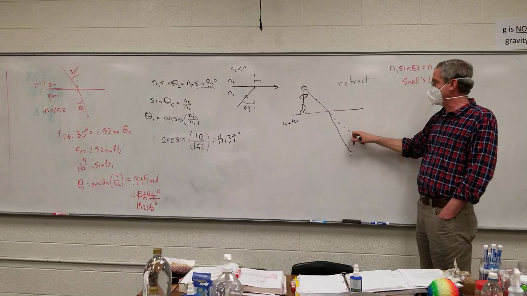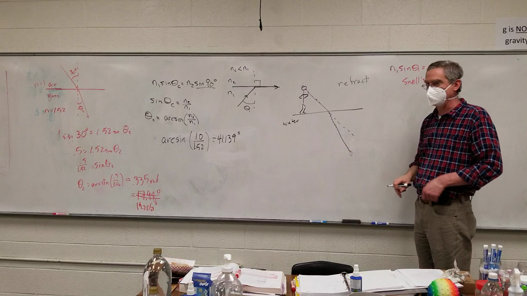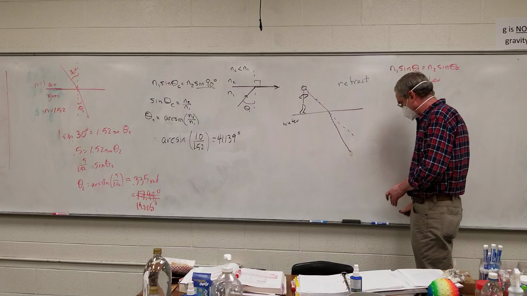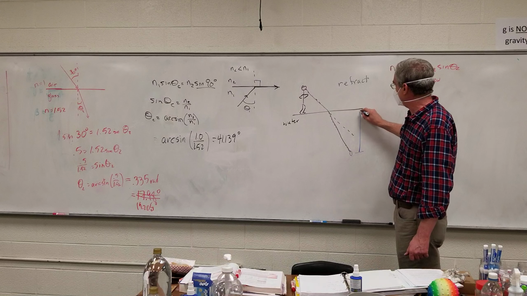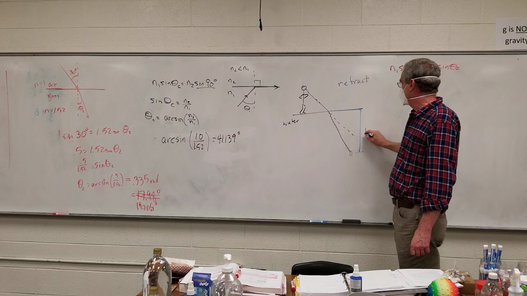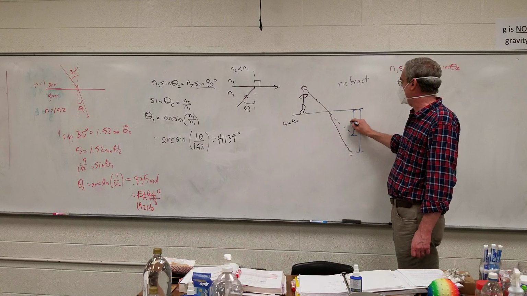But my brain is going to process it and think that the object is here, not where it actually is. So we have the actual depth here, which I'll label as P, and then we have an apparent depth here, Q.